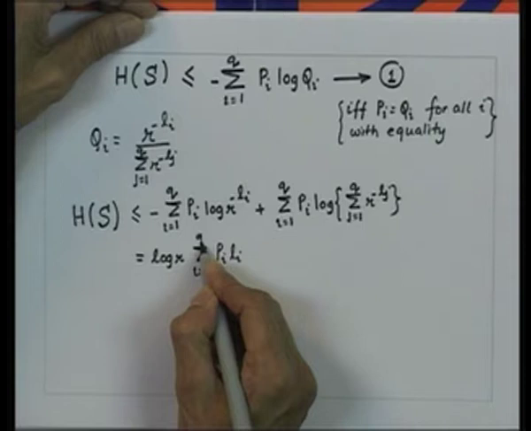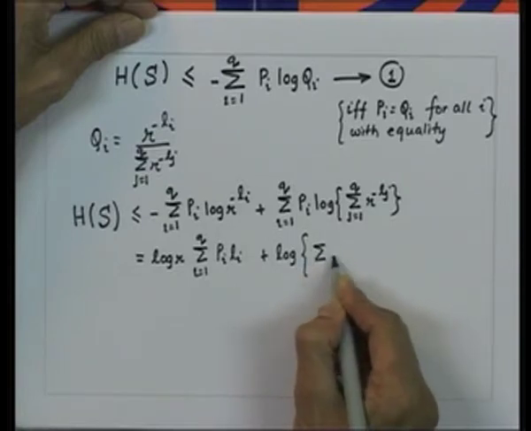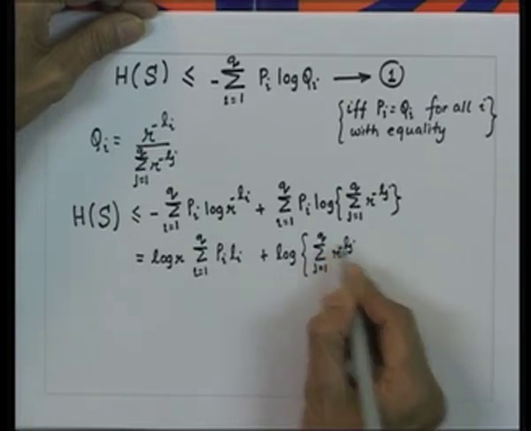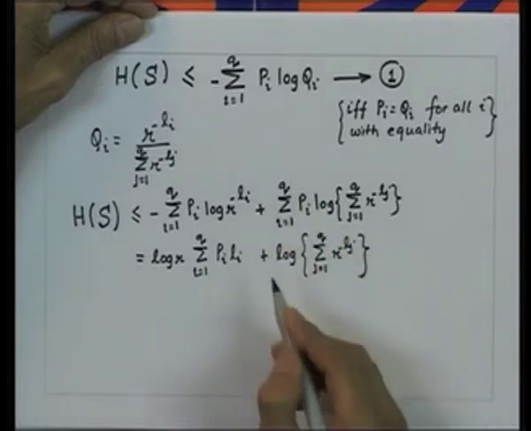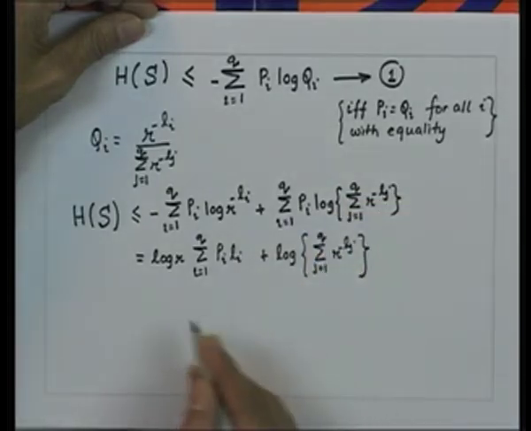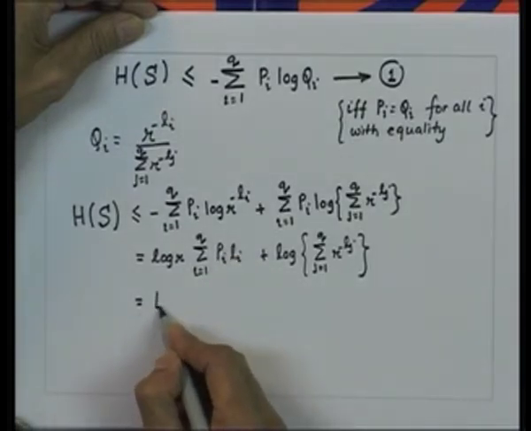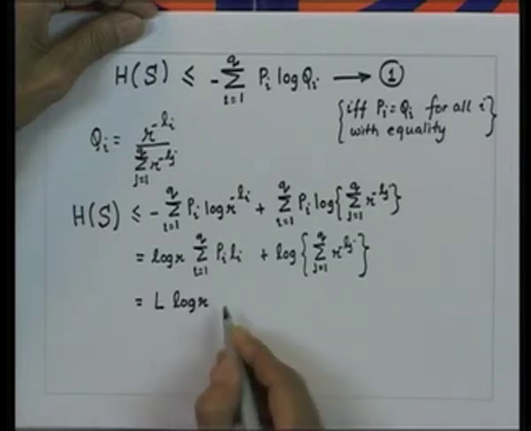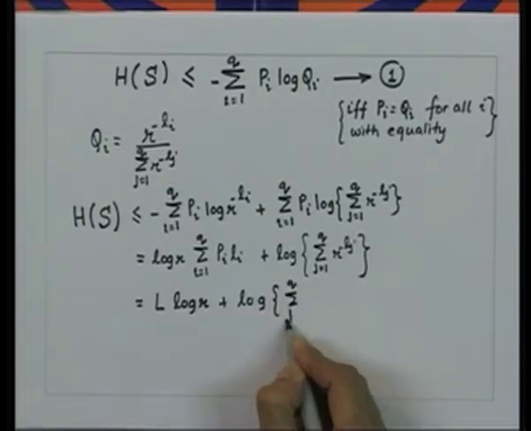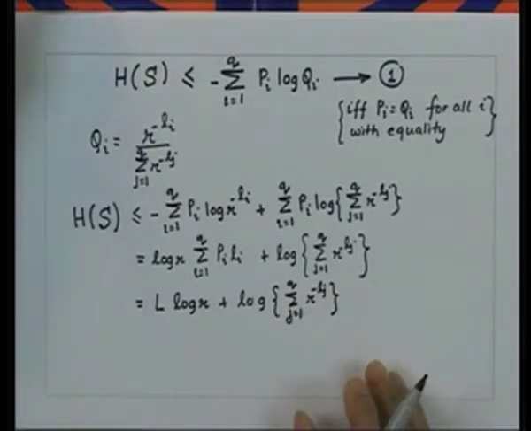Because the summation of Pi, i equal to 1 to q, is equal to 1, this expression reduces to this expression, and by the definition of the average length this is L log r plus log of the summation of r to the power minus Li.